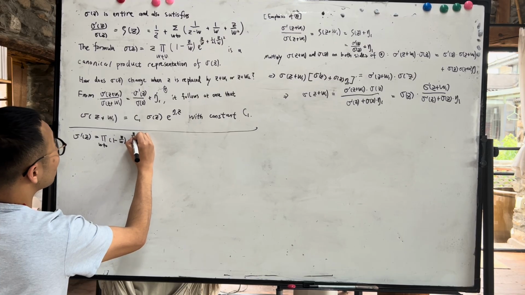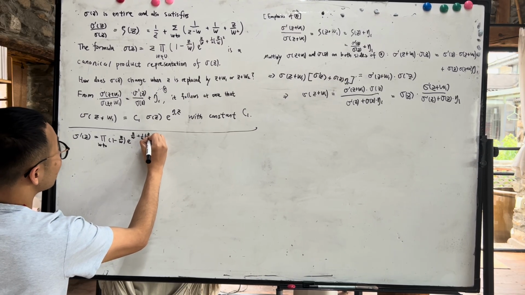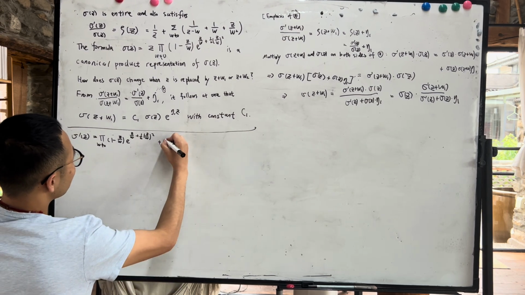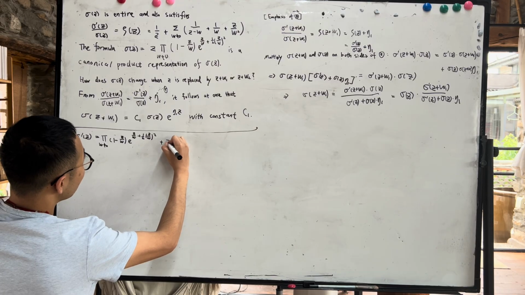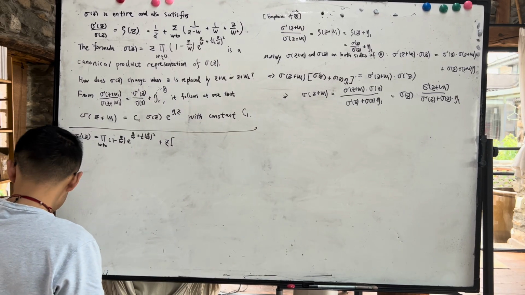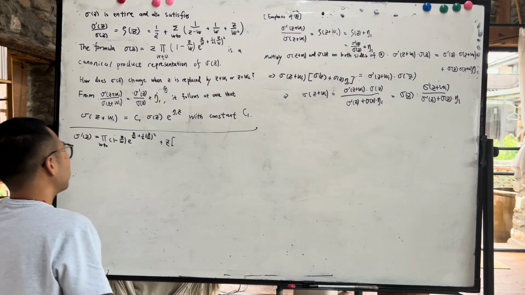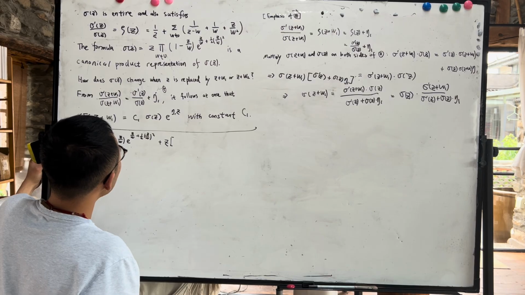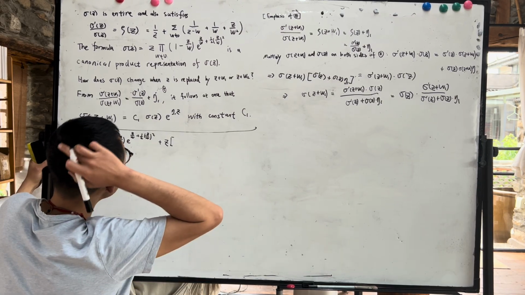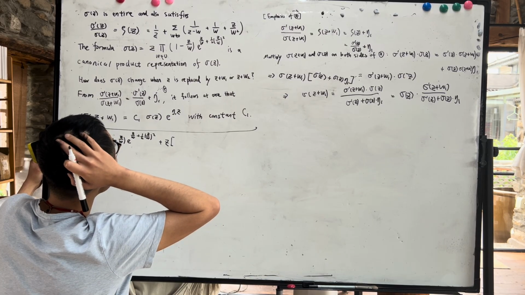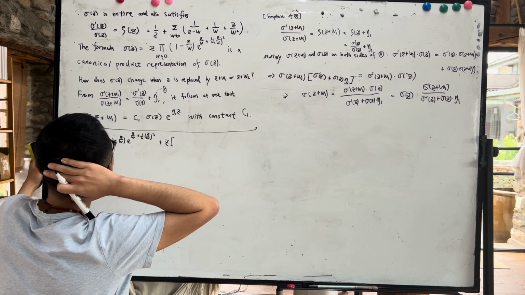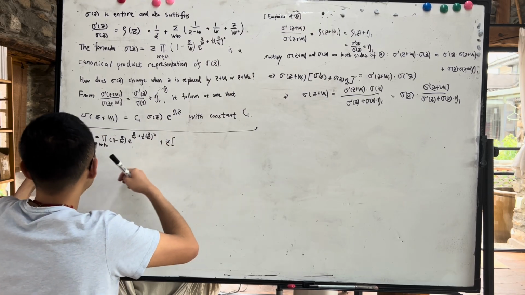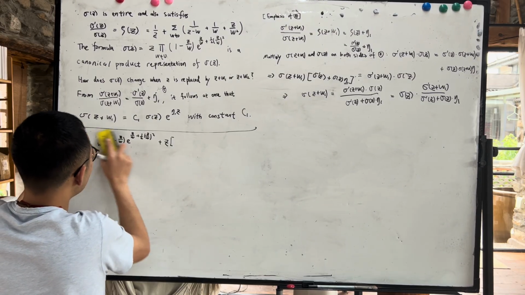E to the z over omega plus 1/2 z over omega squared, and then so I take the derivative of z times the... okay, I think maybe I'm going the wrong way.